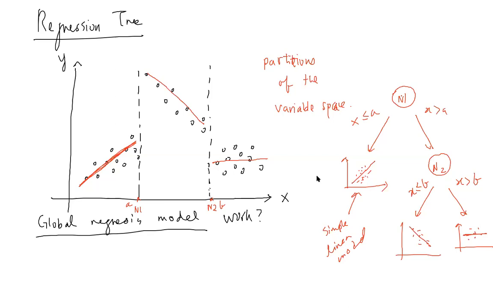regression is totally general, right? So instead of linear models, you can also consider polynomial models, right? So over here, you can actually set the regression here to be a polynomial model if you want to. Okay, there are many possibilities.